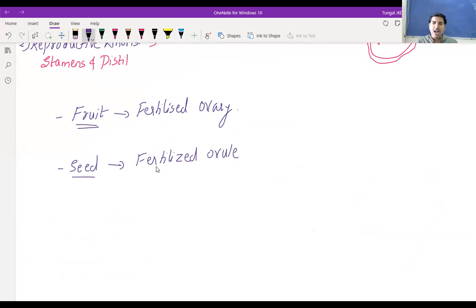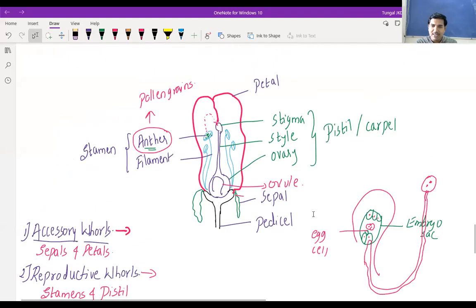That means after fertilization, you can look at the diagram. Here you see the structure of an ovule. Now the structure that you are seeing here is the structure of an ovule. After fertilization, what happens to this ovule?